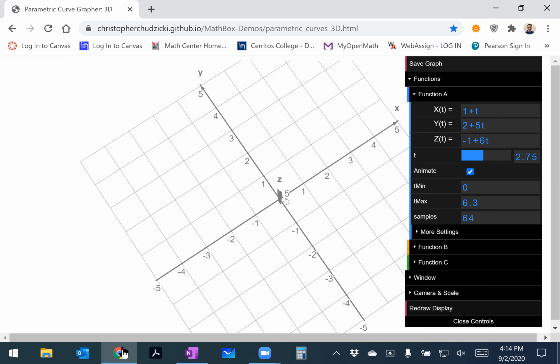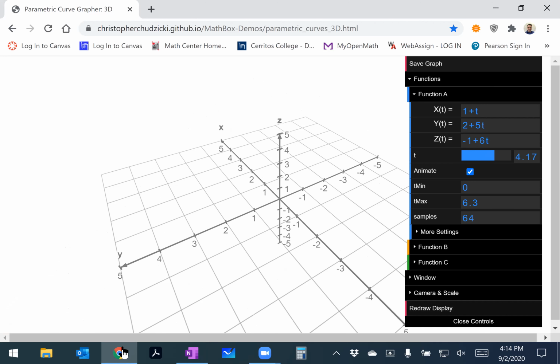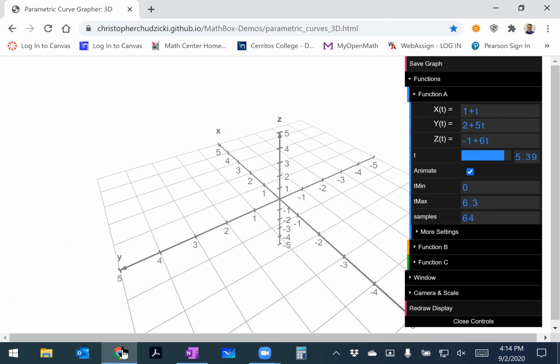I don't know where it went. Let me make sure we put in our functions correctly. When t is 0, this should go through the point 1, 2, negative 1.